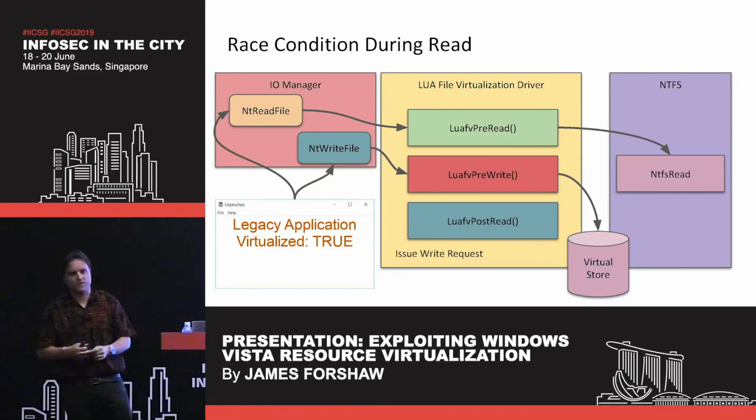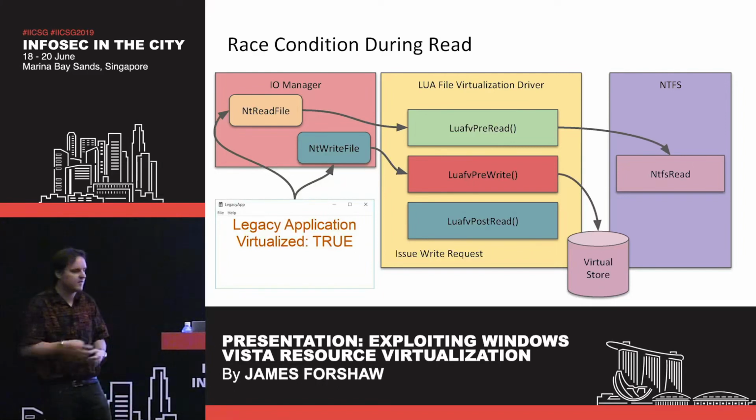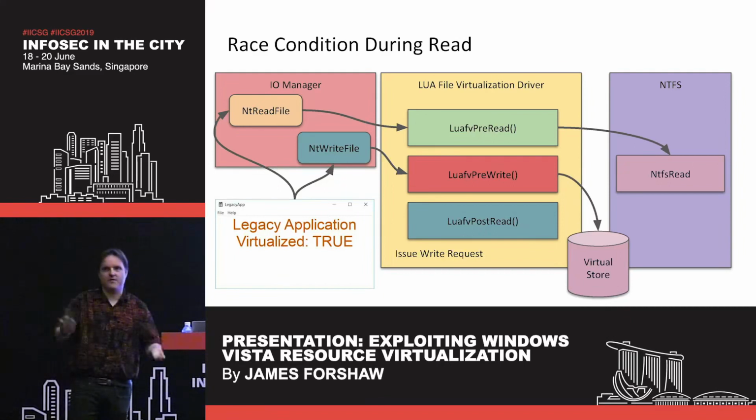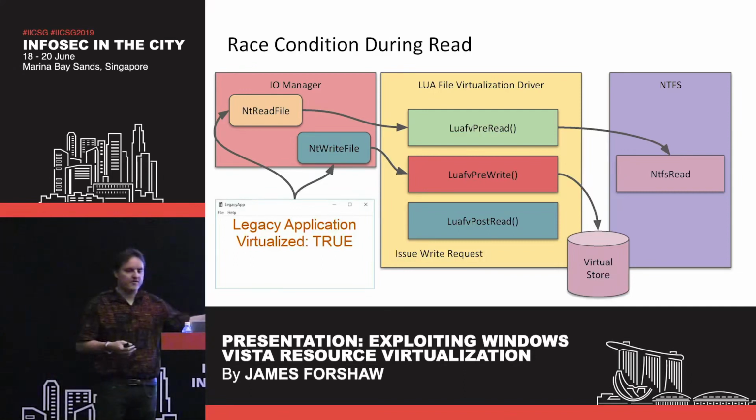It's going to create this virtual store file. It's then going to modify the top level file object, redirect its section object pointers, all that sort of stuff, because at that point you want to be able to map that file with write access or whatever you need to do. But of course, the read file operation is still happening at this point.